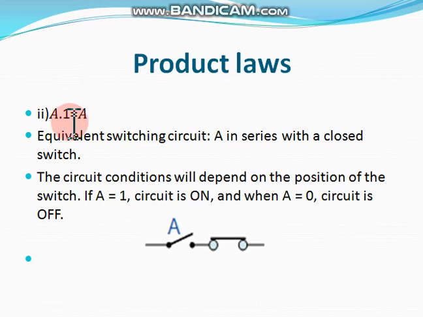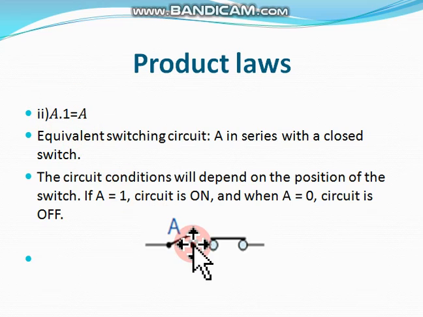Then the second law here is A dot 1. So 1 here means the circuit is closed. When it's 0, the circuit will be open, but since it's 1, the circuit is closed. What will be the result? The result will be A, the identity law. Any variable that is ANDed with a 1 takes the identity of that variable.